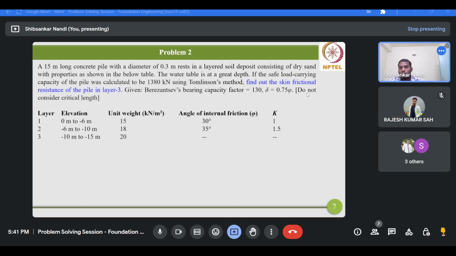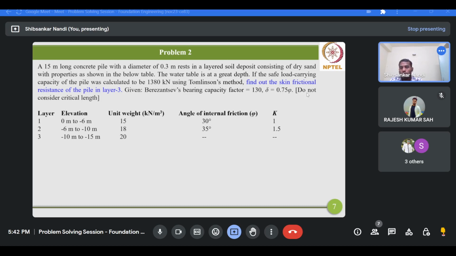The second difference is that earlier you calculated the safe load carrying capacity by considering tip resistance and skin friction resistance. Now the safe load carrying capacity is given, and you have to figure out the skin frictional resistance contributed only by layer 3.